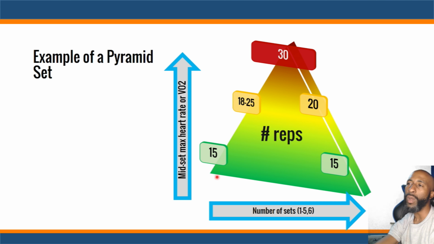We're at set number 1, right? Here's number of sets. By set 2, we move up with the reps. Set 3, we might hit 30, and then we bring it all back down. The intensity or the heart rate over here might still actually be really, really high, but this is how we are going to work our pyramid sets when we do our strength days.